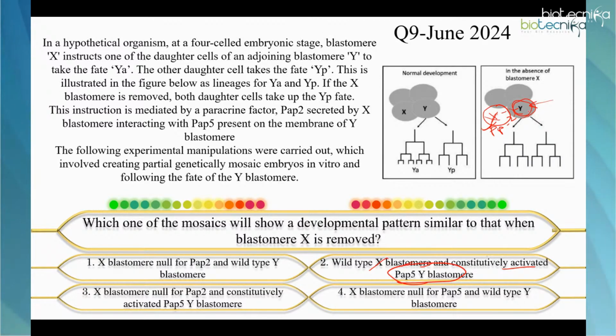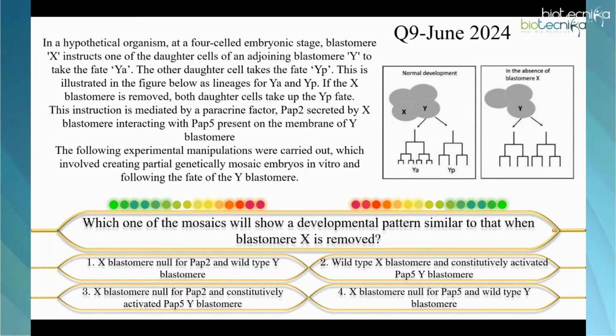So that is why it will give rise to the anterior, and in that case all the cells will form anterior parts. Okay. So this will not give both posterior, this will give both anterior because always the PAP5 is activated, and because of the PAP2 PAP5 signaling, the Y cells will become anterior. So that's why second is not the same as this one.